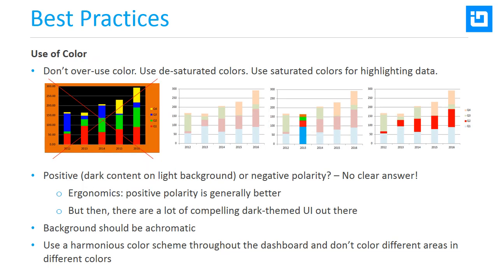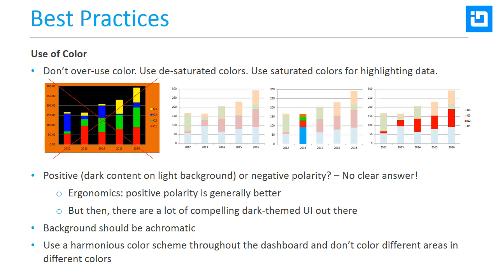When it comes to the use of colors, we don't want to overuse them. That was one of the worst practices I talked about before. Here in the best practices section, I want to make sure that we don't do things like this, where everything is too strong and too bold and too much in your face, because all these colors here are too pure. 100% red, 100% green, etc. Even the background here is 100% black. It's way too strong.